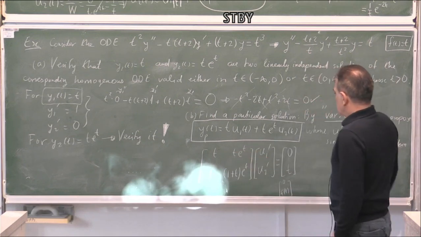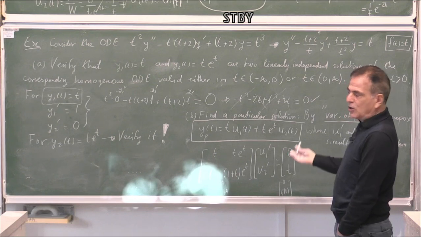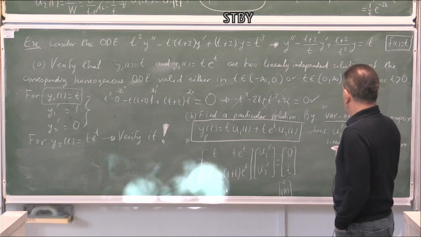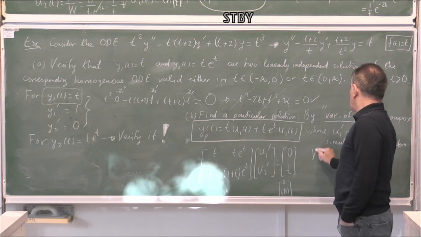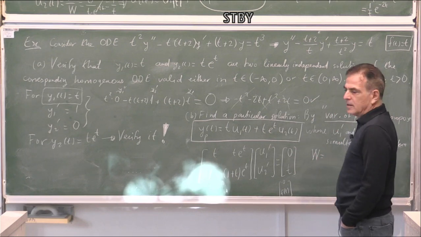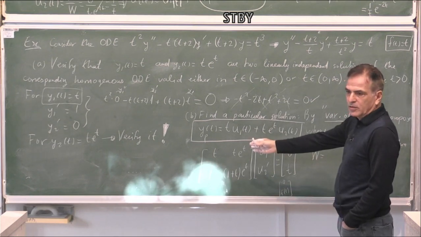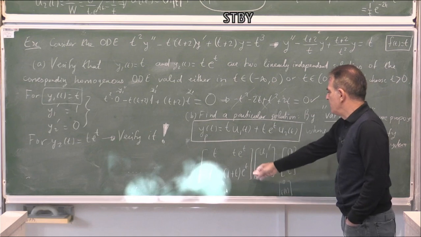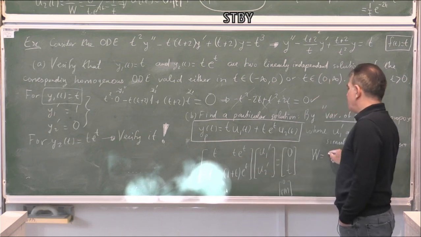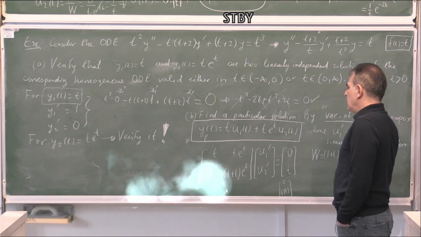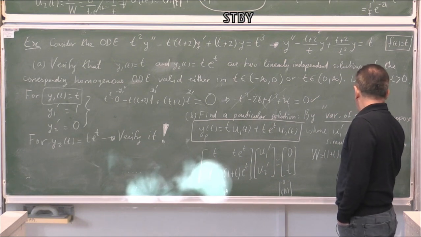So by elimination or Cramer's rule, we find omega, that is the determinant of the coefficient matrix. What is it? 1 plus t times e to power t minus t e to power t.